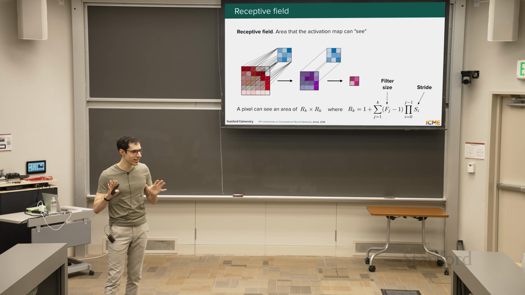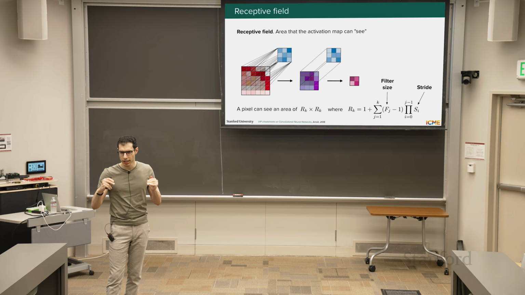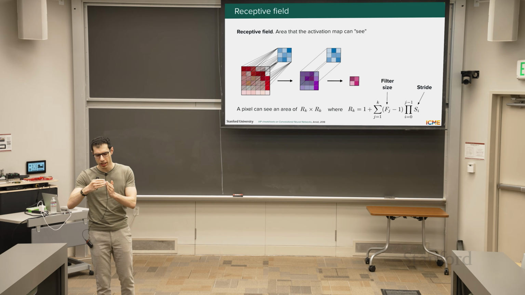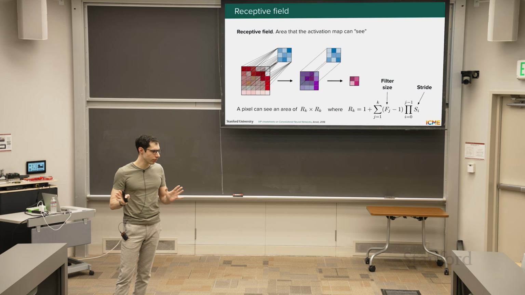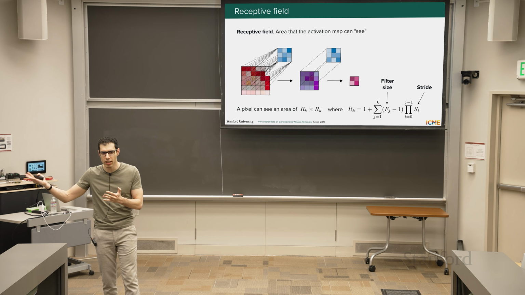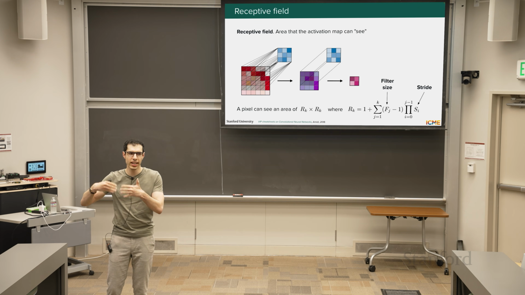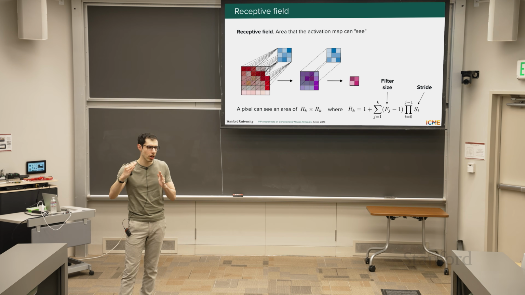So one idea that we can have is to have downsampling operations that would allow us to have a bigger receptive field early on, so that we can have a global understanding of the structure. And then we can have some upsampling operations to then end up with the same dimensions as the input.